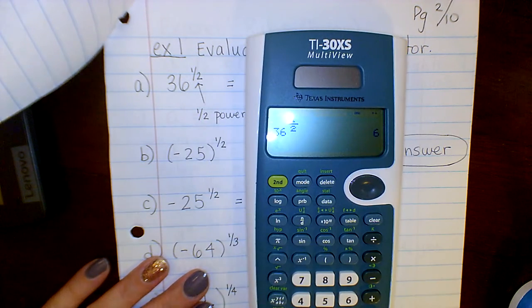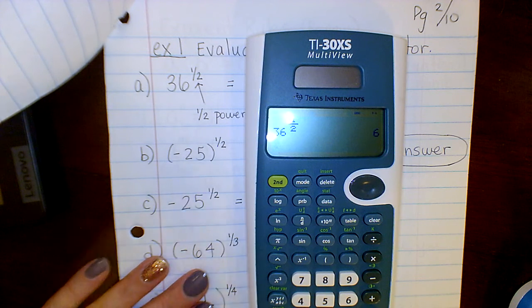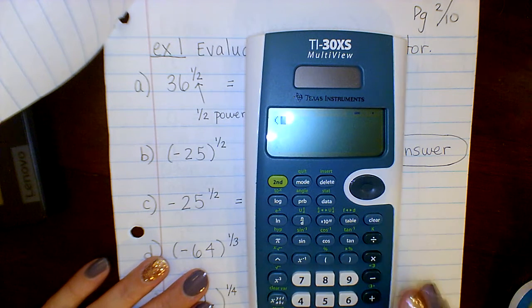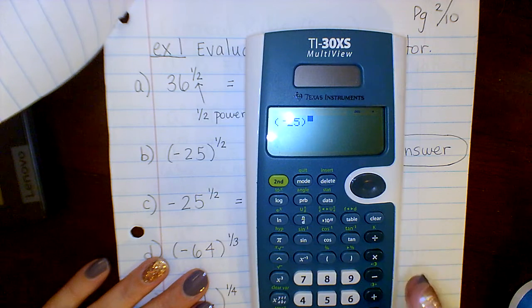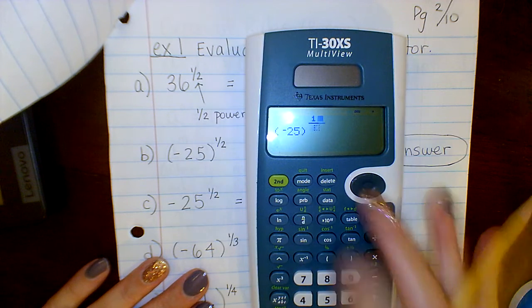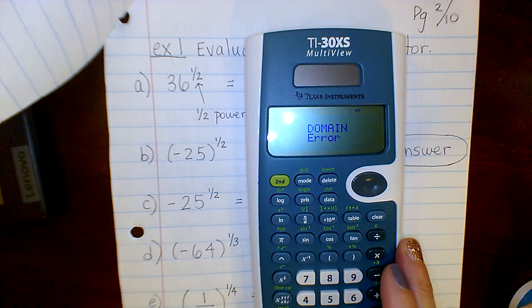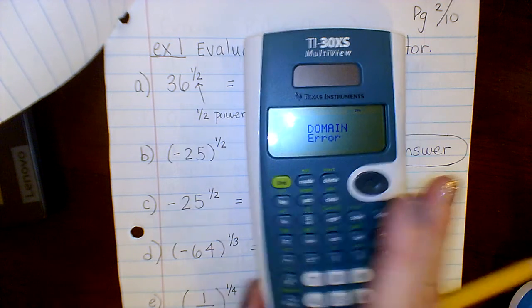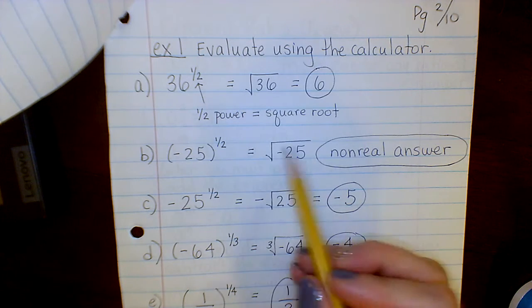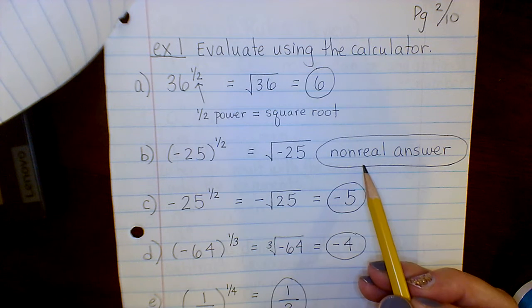So let's do negative 25 to the 1/2 power. Let's make sure we put those parentheses. So parenthesis, negative 25 raised to the 1/2 power. And we get a domain error. So what is wrong with that? That's because the square root, the 1/2 power, of a negative number is a non-real answer. It's going to be an imaginary answer.